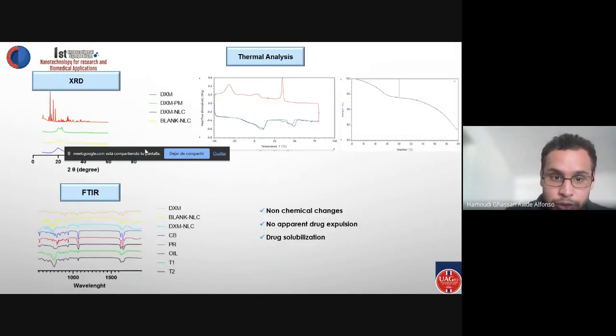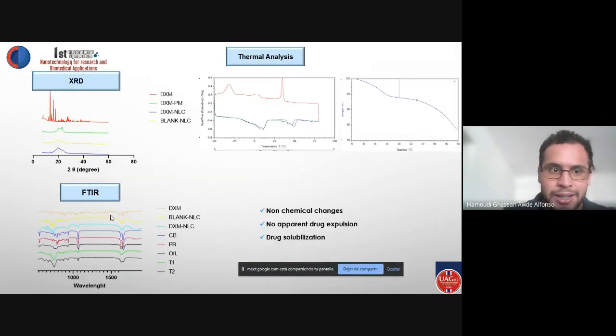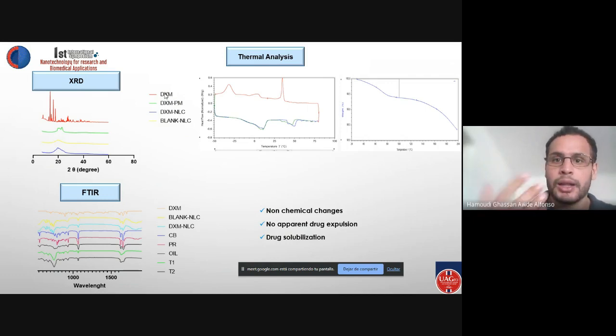Also, we needed to evaluate if there were any chemical changes in the nanoparticles. With this in mind, we lyophilized, or freeze dried, the nanoparticles, and we did the next assays. For the XRD, or X-ray crystallography, we evaluated the different components, for example, the physical mixture, the nanoparticle, the blank nanoparticle, meaning with no DXM, and DXM alone.